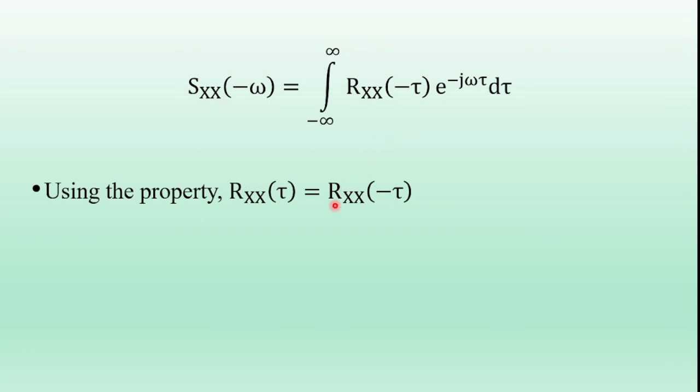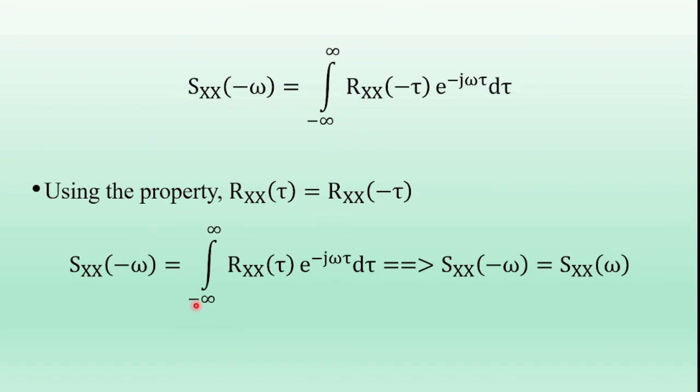Using this property, Sxx of minus omega is equal to integral minus infinity to infinity Rxx of tau e power minus j omega tau d tau. The RHS term of this equation is the power spectral density of the random process x of t, that is Sxx of omega. So this is the fourth property proof.